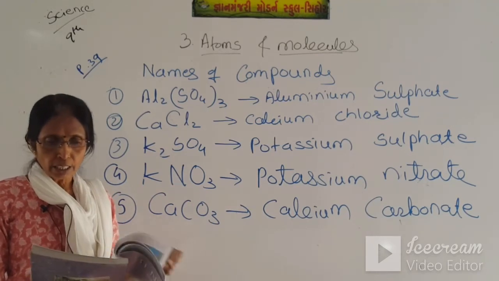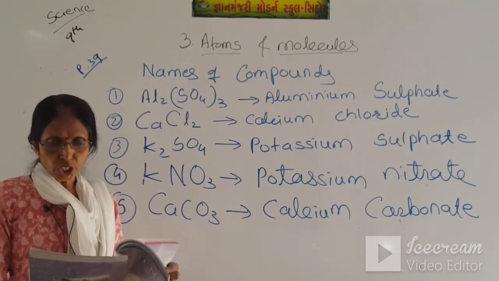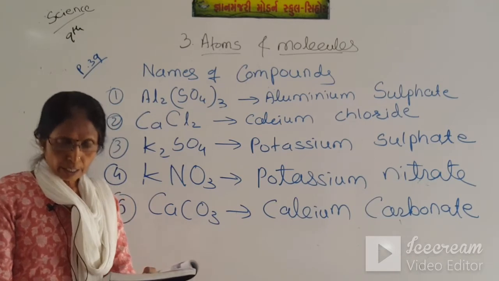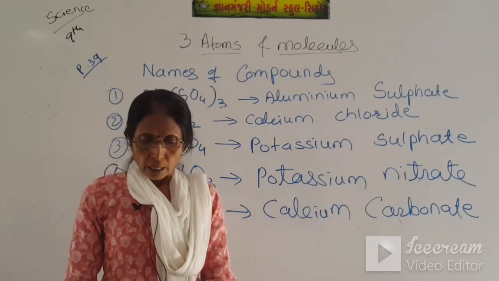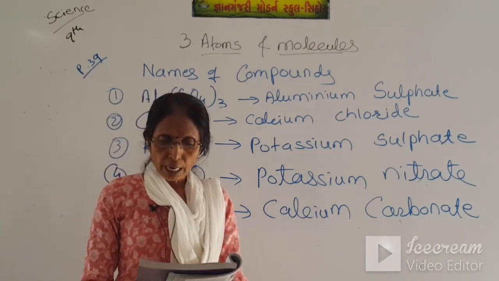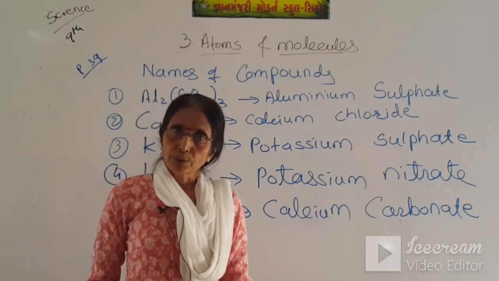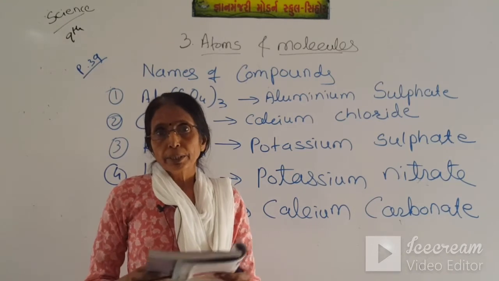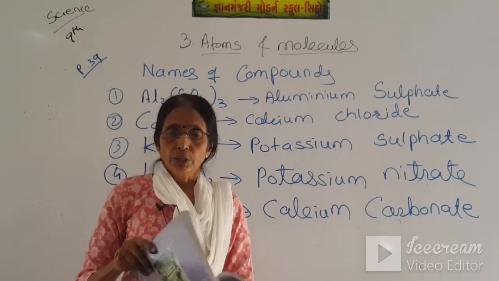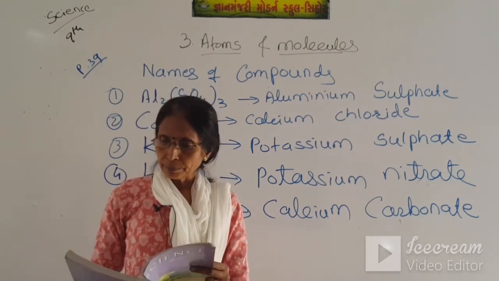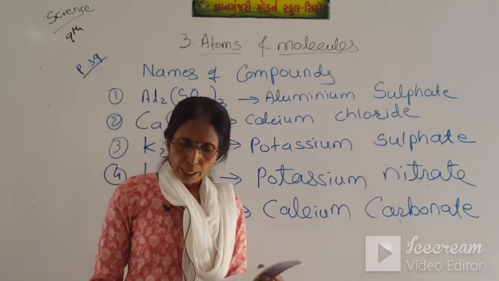This is just the chemical representation of a compound. It is given on page number 37. The chemical formula of a compound is the symbolic representation of composition. So the symbolic representation of composition is called chemical formula.